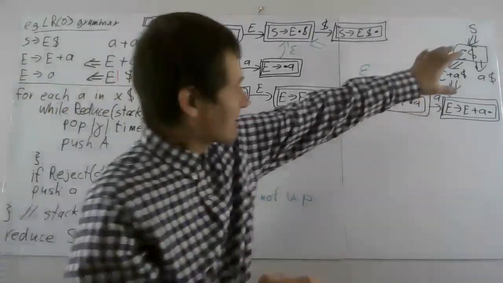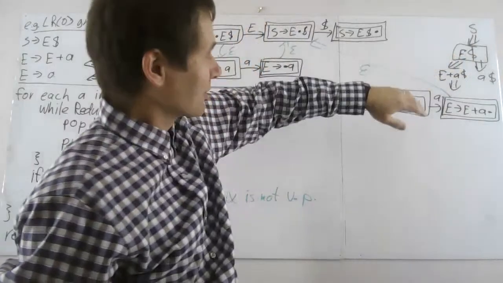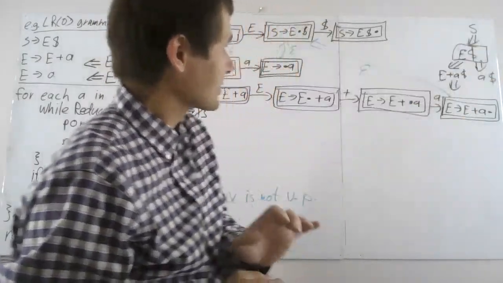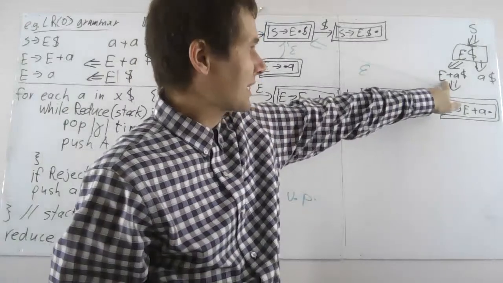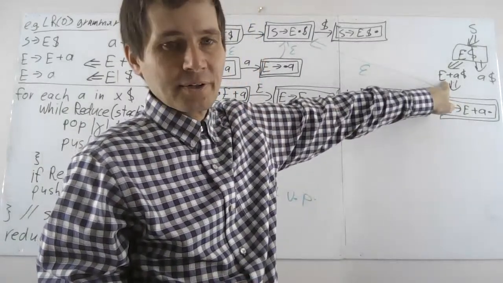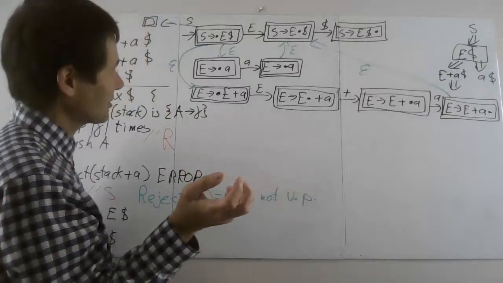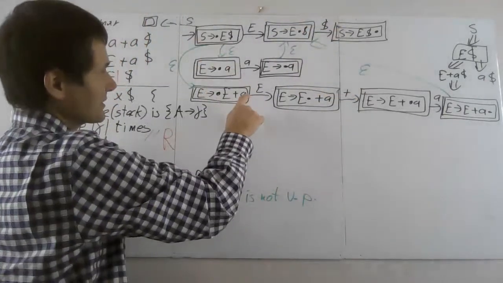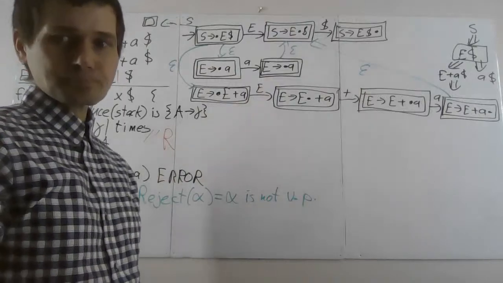Okay, so my NFA can now handle all prefixes of all of these sentential forms, but here I can take this E and expand it further, right? Where that shows up in my NFA is this edge here, which has an E on it.